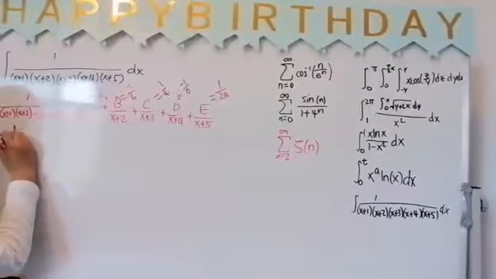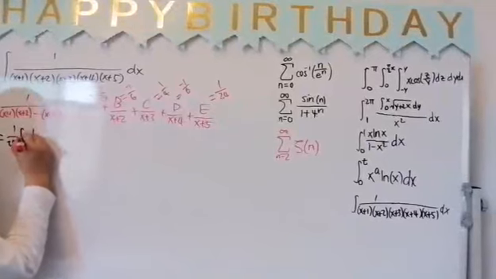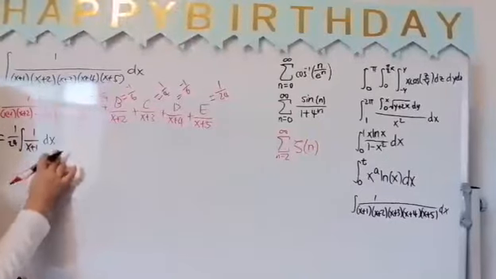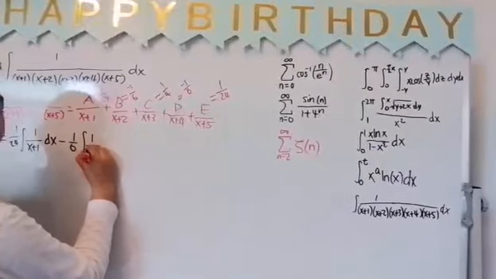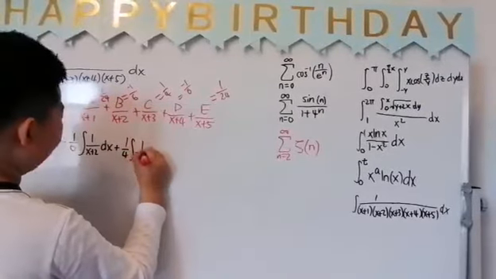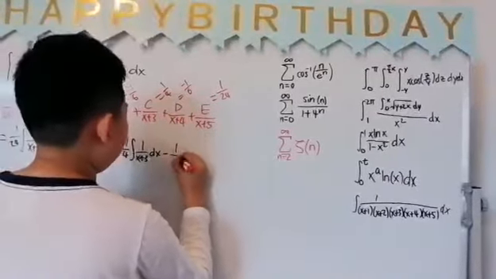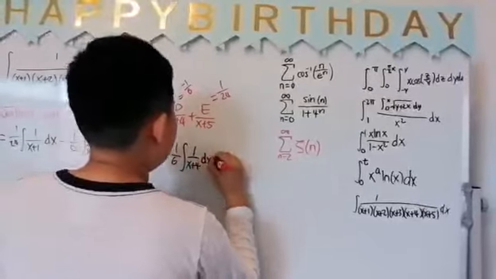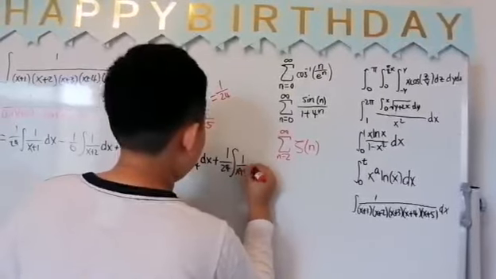So we just plug in. So we have 1 over 24. 1 over x plus 1 dx, and then you're going to subtract, because this is a negative, minus 1 over 6, the integral of 1 over x plus 2 dx, and then you're going to add 1 over 4, the integral of 1 over x plus 3 dx, and then you're going to subtract again 1 over 6, the integral of 1 over x plus 4 dx, and then you're going to have to add 1 over 24 times the integral of 1 over x plus 5.